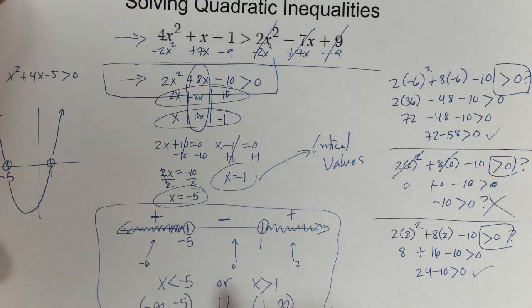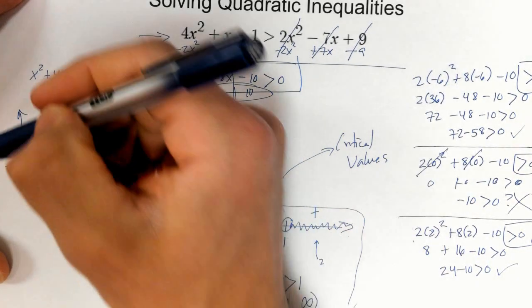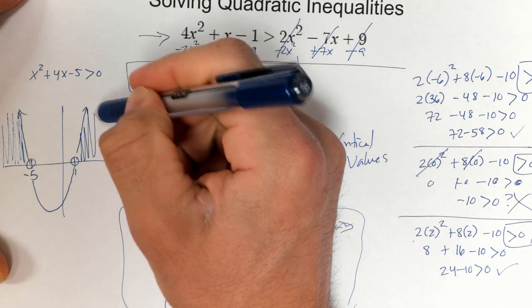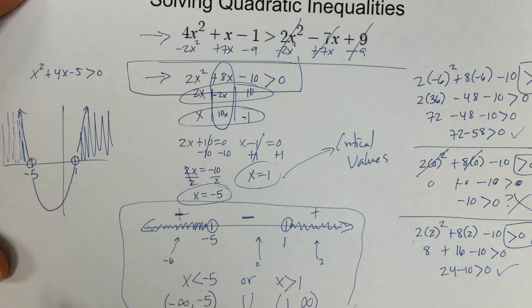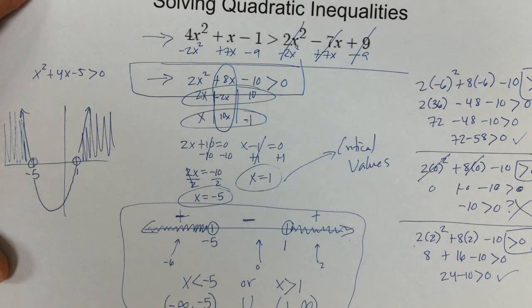When is the function greater than 0? When is it above the x-axis? Well, it's above the x-axis over here and over here. Everything in between is below the x-axis, right? The rest of the graph is pointing above and pointing up.